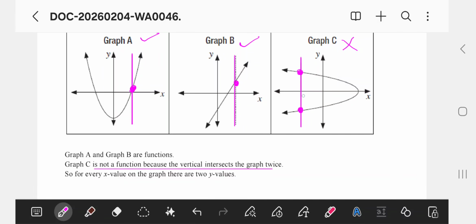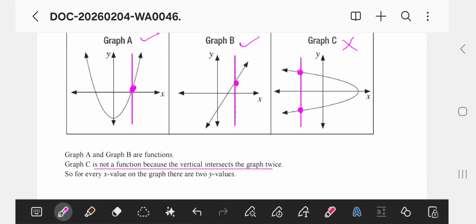Whatever this x value is on the x-axis, say for example it's -3, it would have two y values because these 2 points will have the same x coordinate but different y coordinates. Now that is not a function. That would be a one-to-many ratio, which is not a function. So we are looking for a 1-to-1 ratio. One x value, one y value.